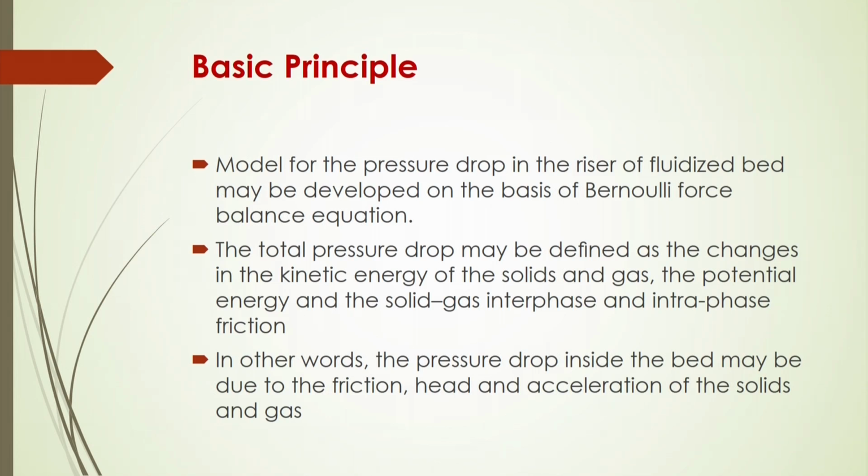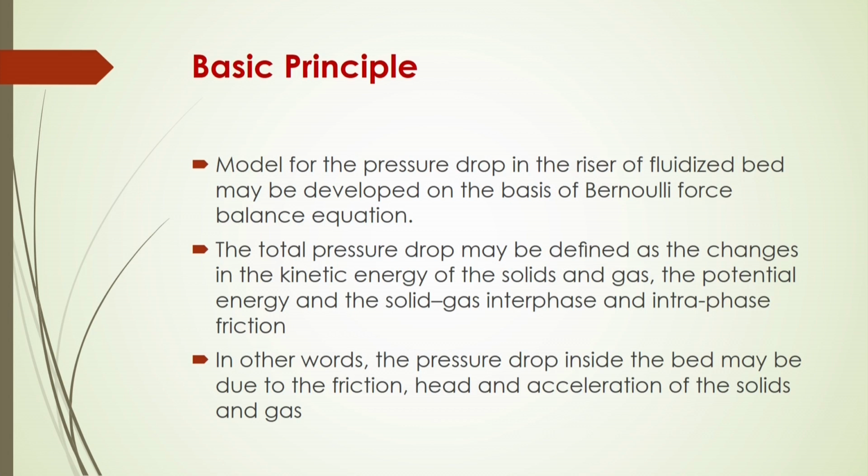Now, the total pressure drop may be defined as the changes in the kinetic energy of the solids and gas, the potential energy, and the solid-gas interface and interphase friction. So, there are different contributions to the total pressure drop.